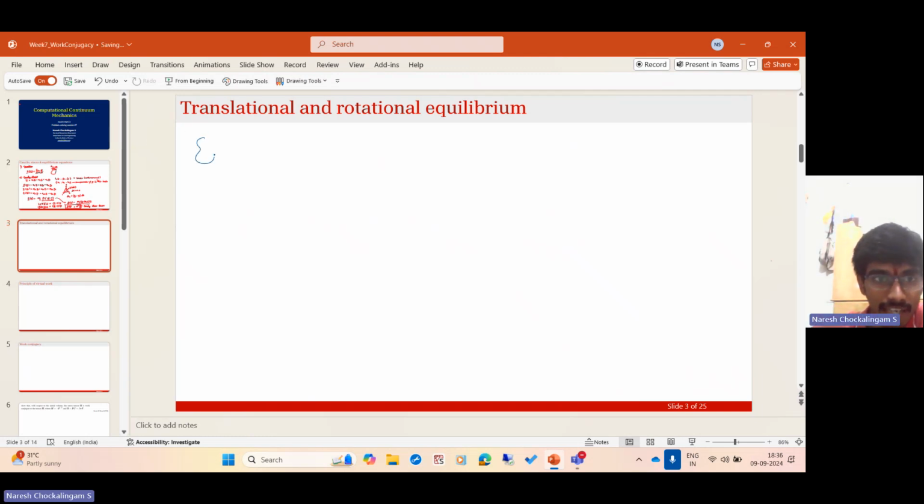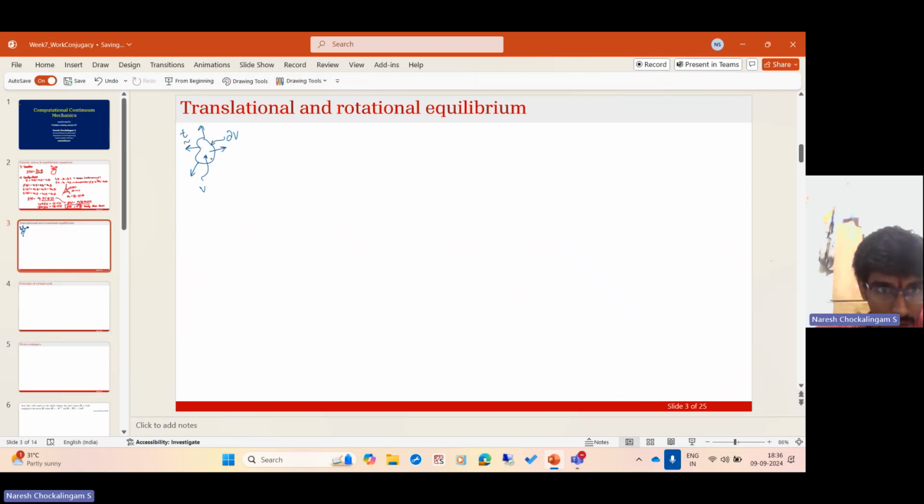Now consider a very small elemental volume. Let's say this has a volume V, and it is bounded by a surface dV. And there are tractions on this surface, which are T. These are the surface tractions.